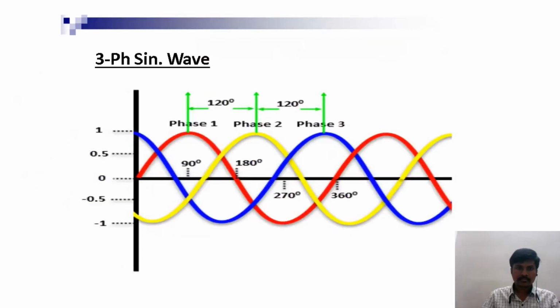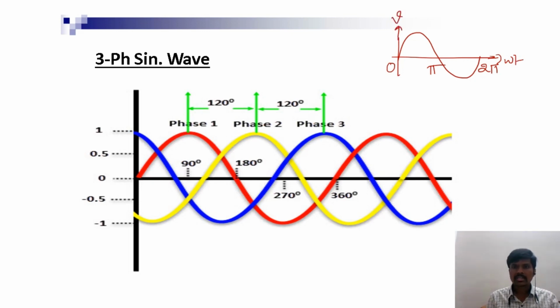Now coming to the three phase sinusoidal waveform. As we already discussed, the single phase AC sine wave is like this, with 360 degrees of one complete cycle.